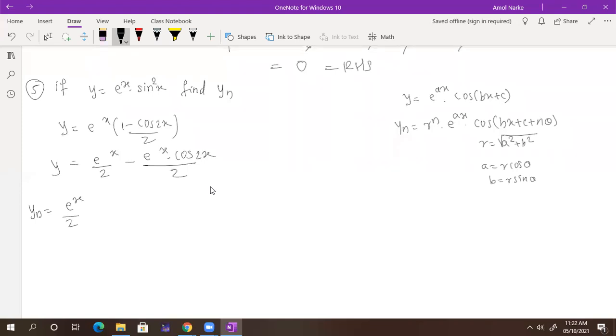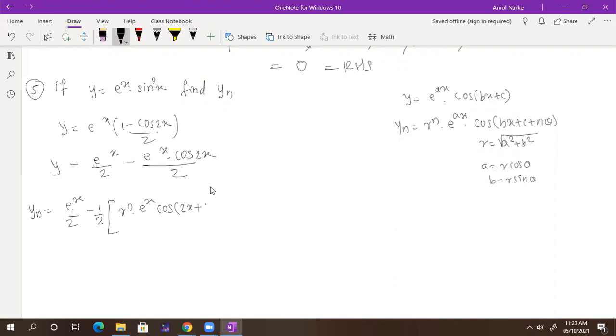The first term remains as it is, yes or no? Yes, sir. I take minus 1 by 2 as common and take the nth derivative of this. So what you will get here is r raised to n into e to the power x cos of (2x plus n theta).